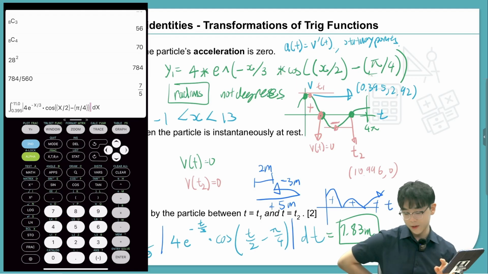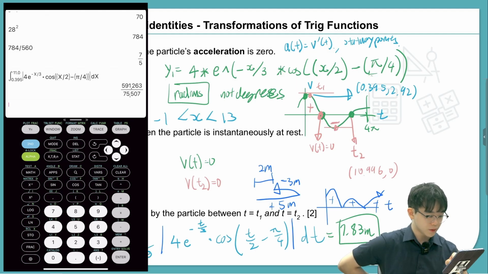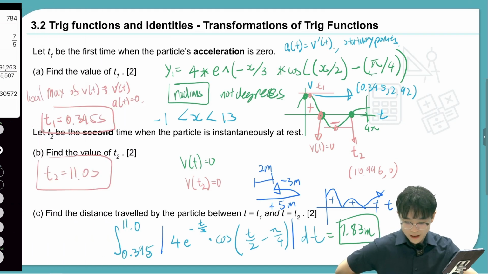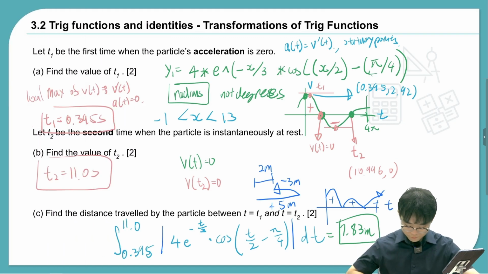And I would tell the calculator to evaluate this right away. And it should give me the same result of around 7.83, right? So there you have it. Number 5, we have 7.83 meters.